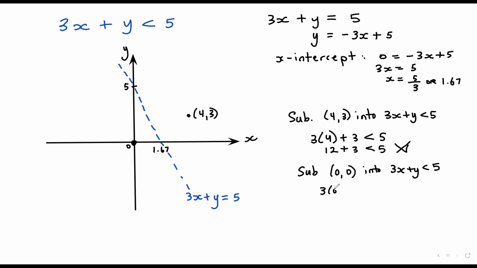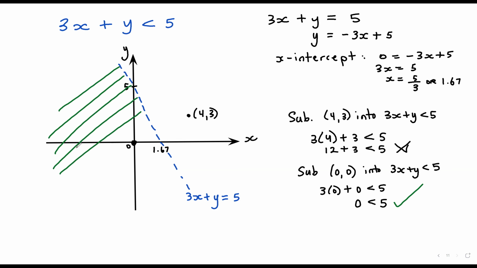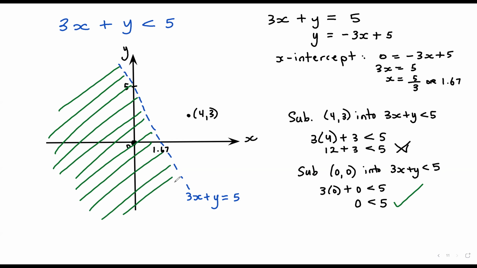So it'll just be 3 times 0 plus 0 is less than 5. And this does work because 3 times 0 is 0, so 0 plus 0 is 0, and 0 is, in fact, less than 5. So that is the point that is in the region. So this region here satisfies the inequality 3x plus y is less than 5.